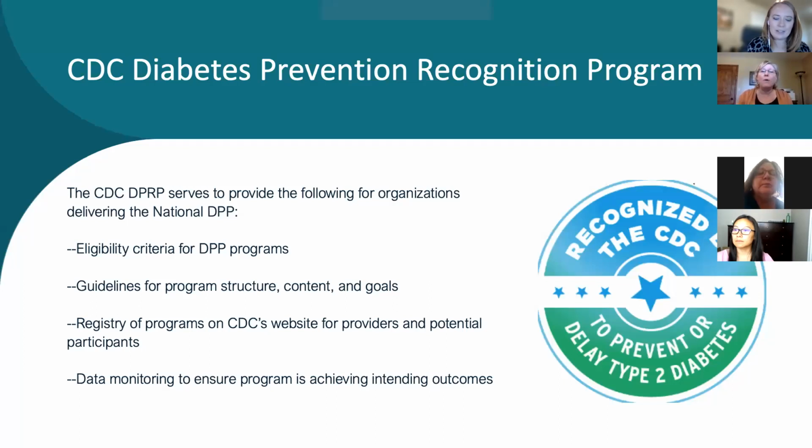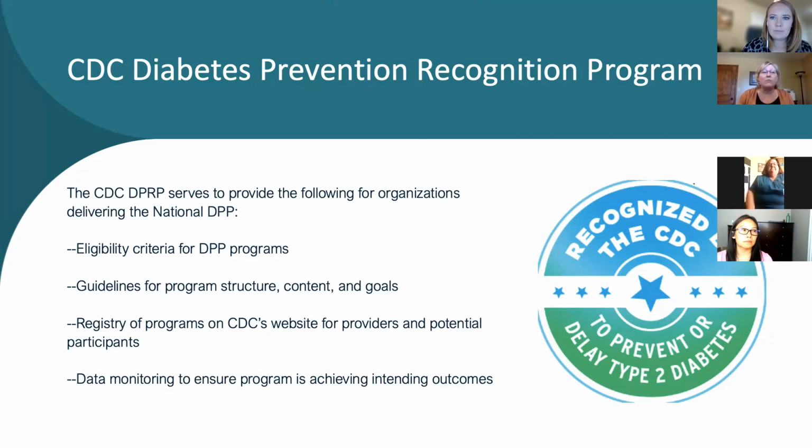So, what is the Diabetes Prevention and Recognition Program, or DPRP? You're probably already familiar with it, but the CDC DPRP serves organizations who are delivering the National Diabetes Prevention Program. It provides eligibility criteria for the DPP programs.